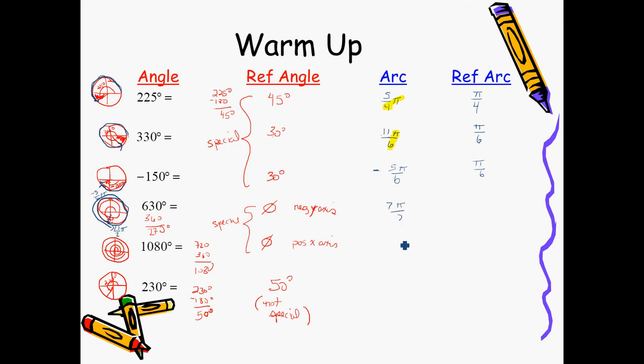Seven pi over 2. Reference arc, again, if you're on a boundary, there is none.